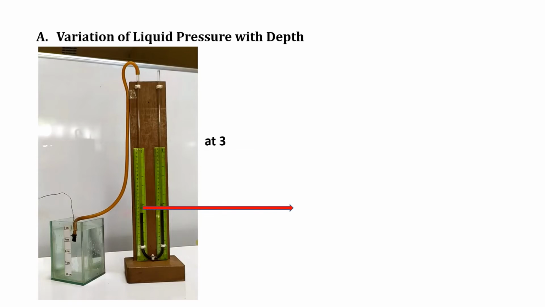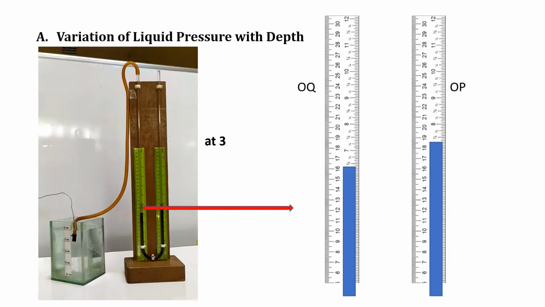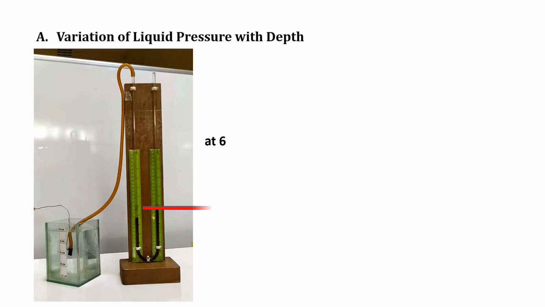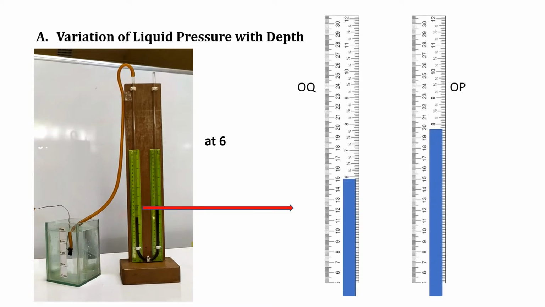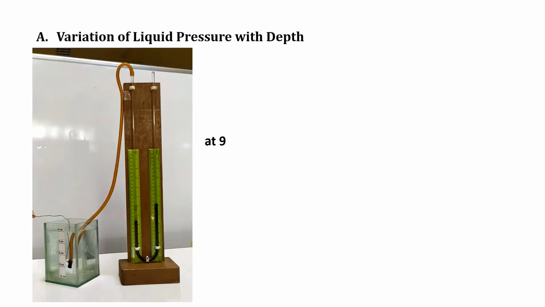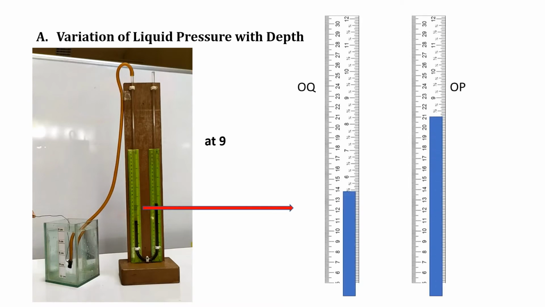At 3 centimeter mark, at 6 centimeter mark, at 9 centimeter mark, read and record on the table provided on the activity sheets for part A, variation of liquid pressure with depth.